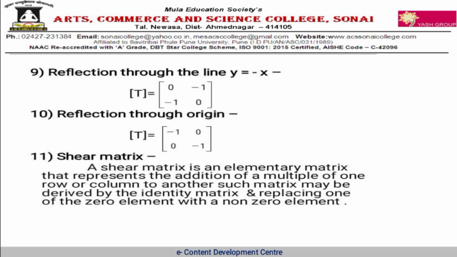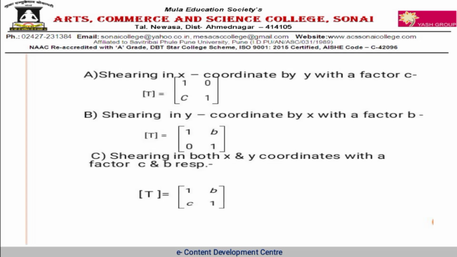This is the definition of a shear matrix. Next, there are three types of shearing.